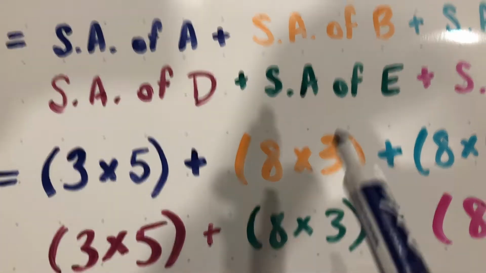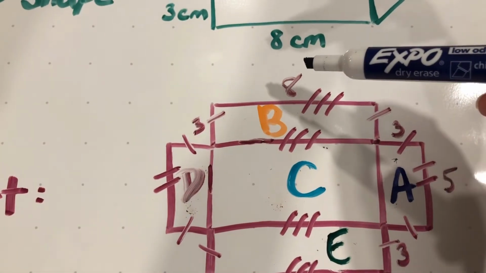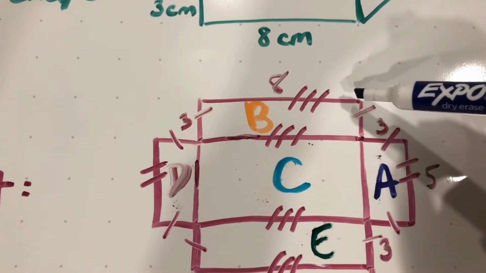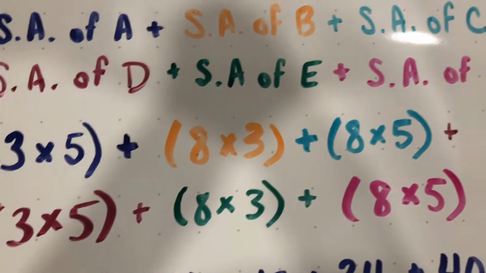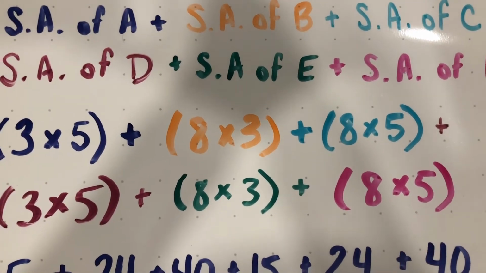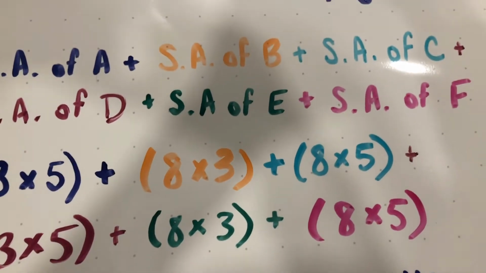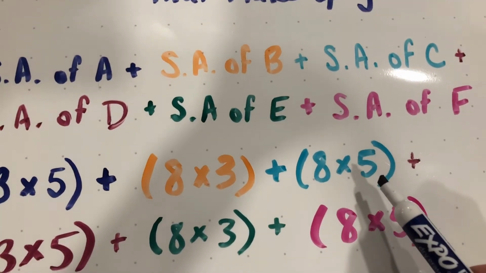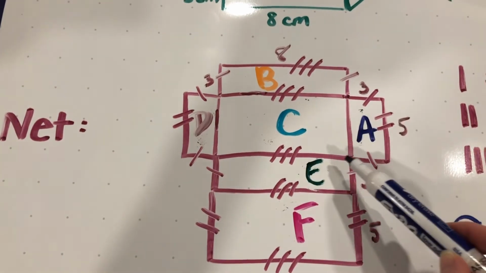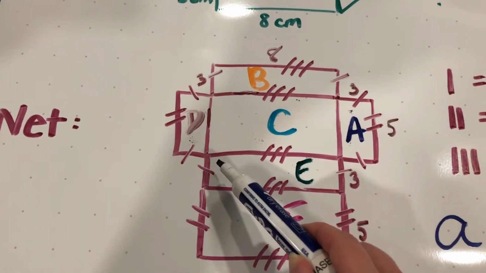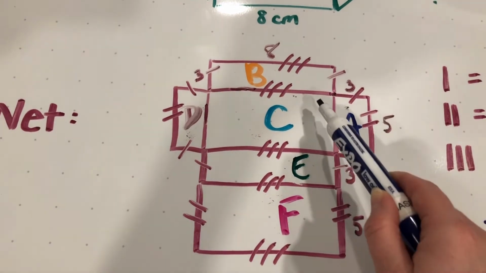The next one, moving on to surface area of B. I've got 8 times 3, and I've plugged that in there. Looking for the light blue face, so C here is 8 times 5.